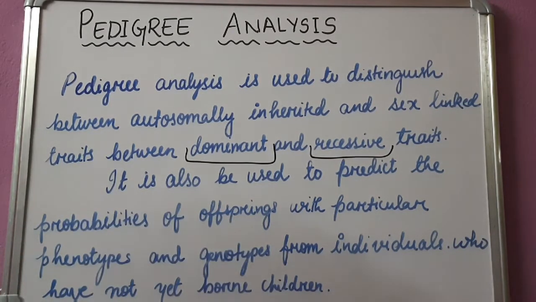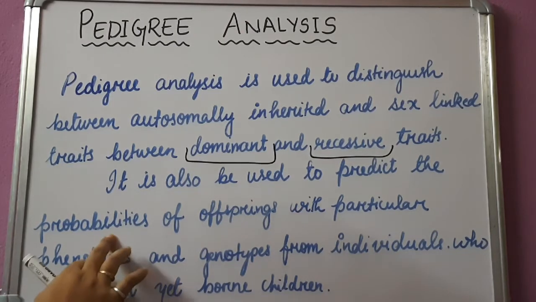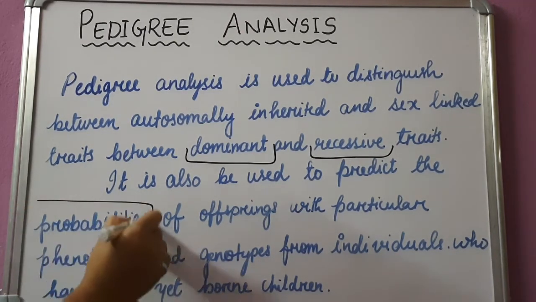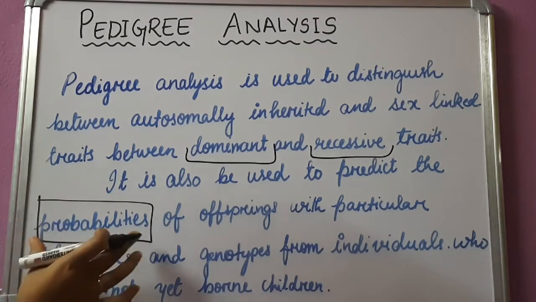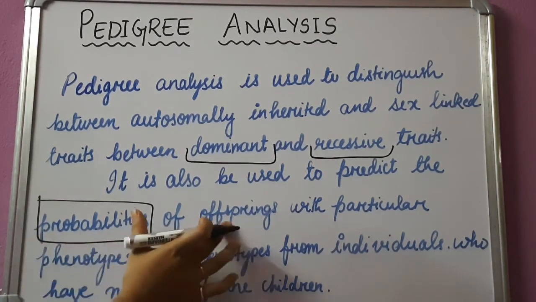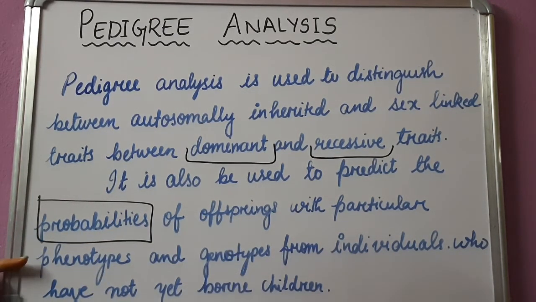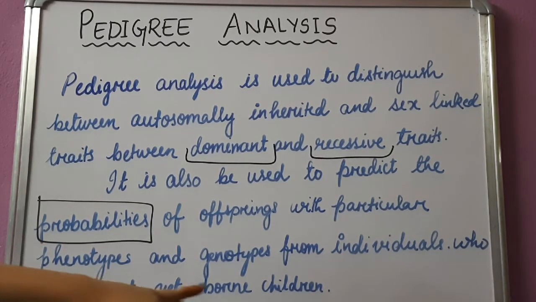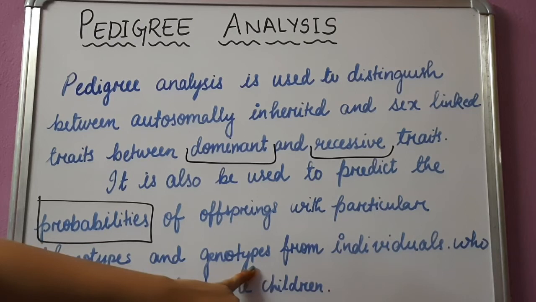It can also be used to predict probabilities, either of hemophilia or color blindness or any sex-linked traits of the offspring, with a particular phenotype. Tall, short, long is the phenotype. Genotype means the genes involved in it.